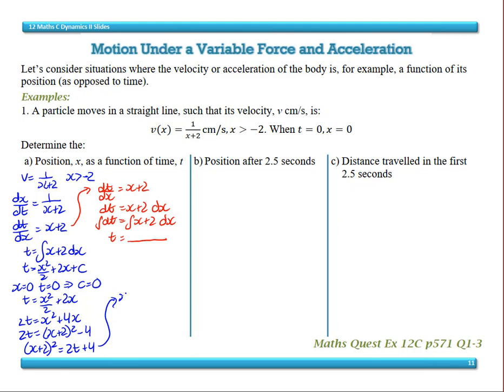Okay, so x plus 2 has to equal plus or minus the square root of 2t plus 4. Now we don't have to look at the negative version because x is greater than negative 2. So that means x is going to be equal to negative 2 plus the square root of 2t plus 4.